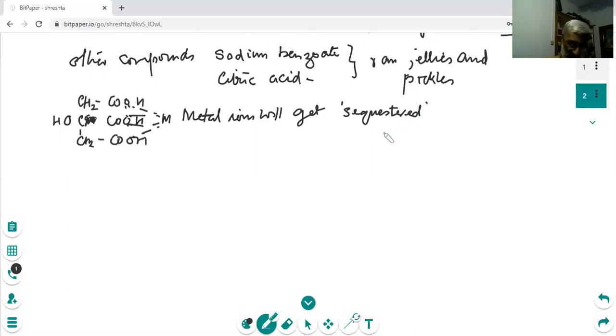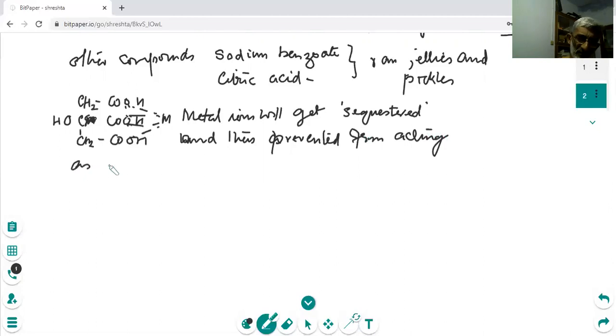They form complexes and get removed and will be prevented from catalytic decomposition. Okay, sequestered and thus prevented from acting as a catalyst in decomposition reactions.